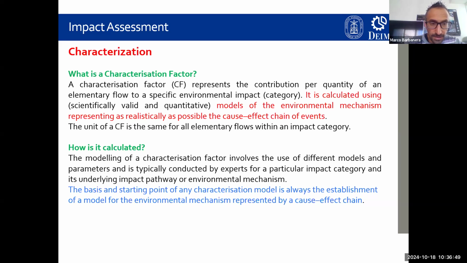This is the idea behind the definition of the characterization factors. So these characterization factors are calculated by considering the cause-effect chain when a substance is emitted into the environment.